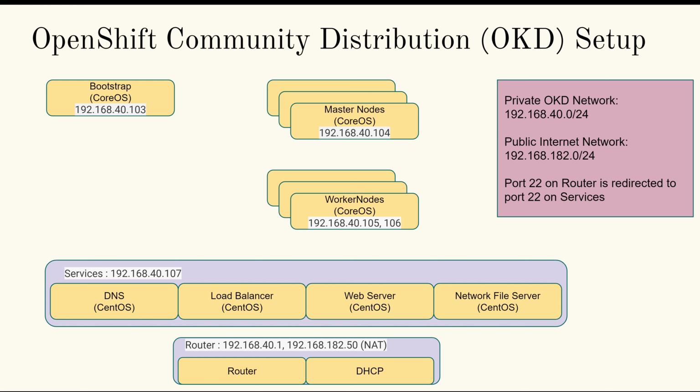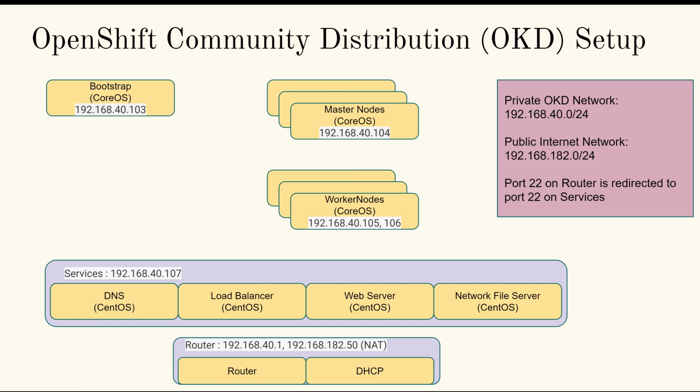And then I have a services system which will be used for setting up a DNS server, a kind of load balancer, and a web server to keep the files required for installing OpenShift. And then we will also set up a network file server on this. This system is fitted with the CentOS operating system.